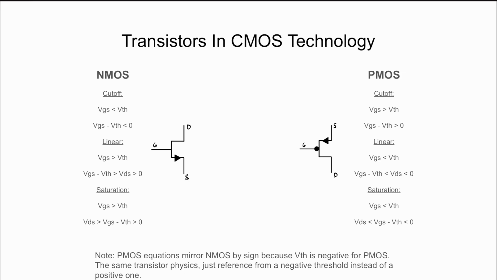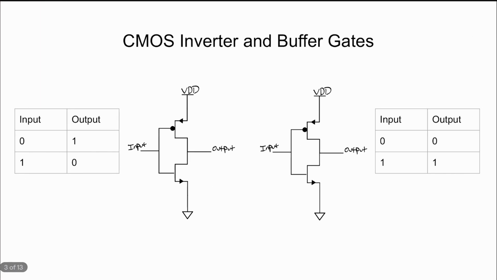And it's the exact same transistor physics as the NMOS, it's just referenced from a negative threshold instead of a positive one. So that symmetry isn't just a neat coincidence. It's the entire reason CMOS logic works the way it does. So keep this mirrored relationship in mind because it comes up again and again as we build actual gates.